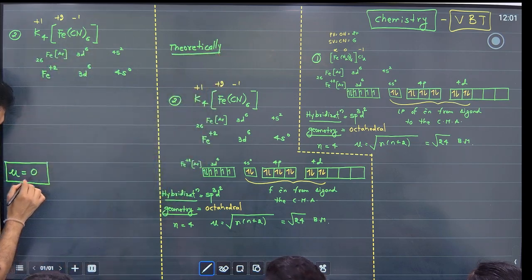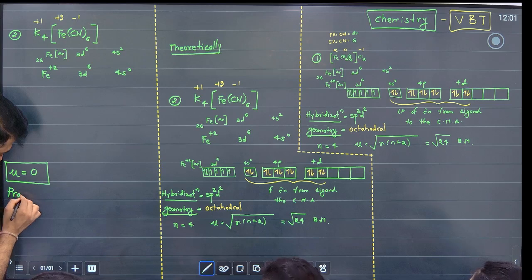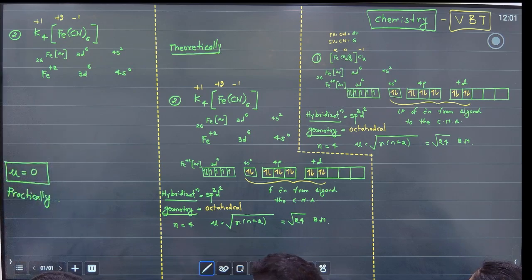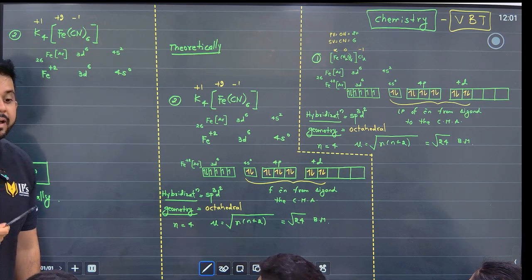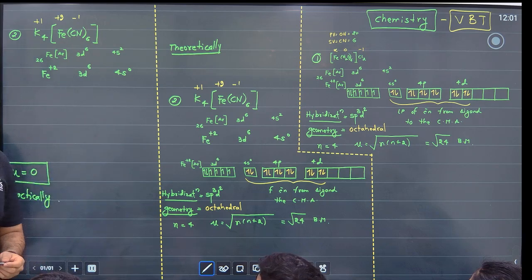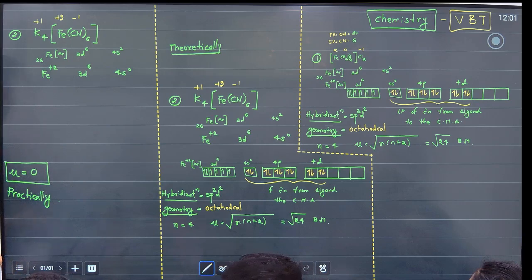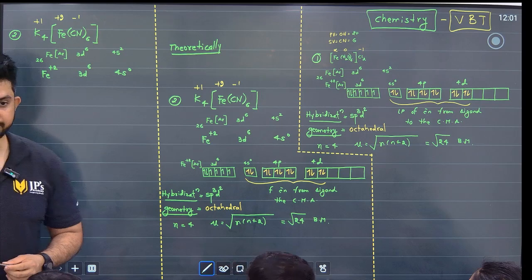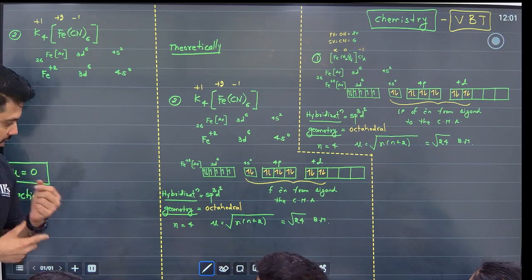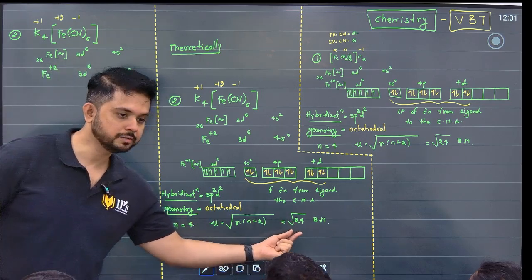But when you try to calculate the same practically, what's the value? 0. When will magnetic moment be 0? I want this value to be 0.